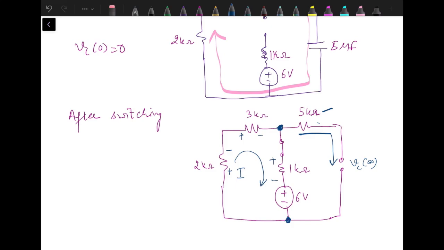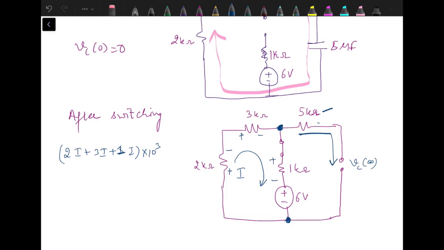Since all the resistances are in kilo ohm, I will write 2 into I plus 3 into I plus 1 into I, times 10 raised to power 3.